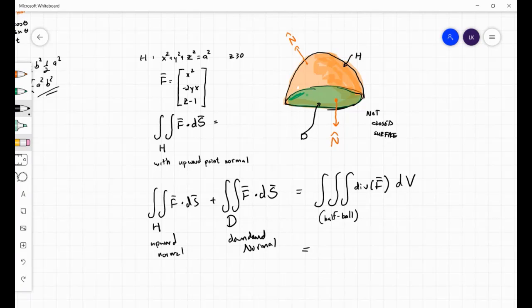So let's do that first. The divergence of a vector field: the derivative of the first component with respect to x, then derivative with respect to y, then derivative with respect to z. Well, go figure, right?